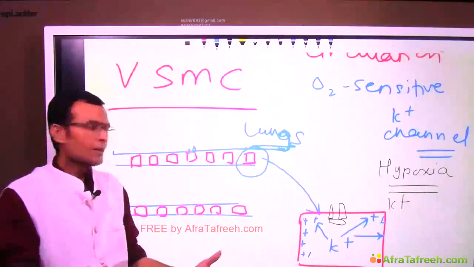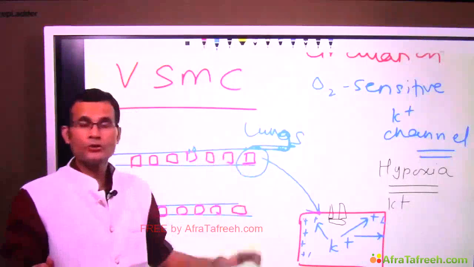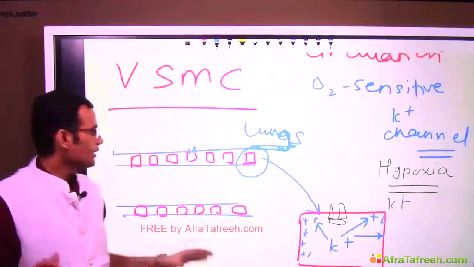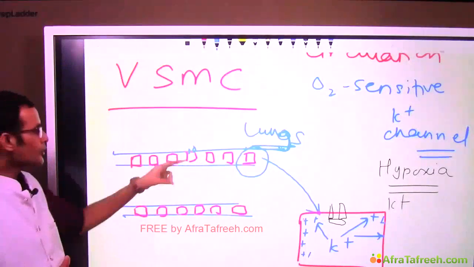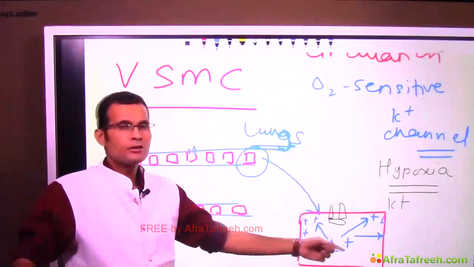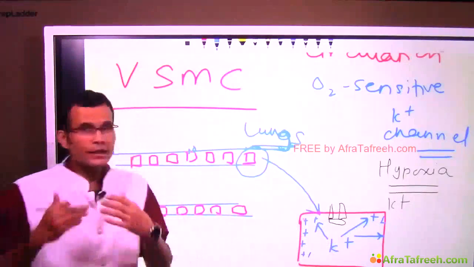Which means this cell will contract. The smooth muscle fiber will contract. Which means there will be vasoconstriction. You know, vasoconstriction happens when the smooth muscle cells contract. Here is the reason why smooth muscle will contract, because of the hypoxia in the case of lungs.